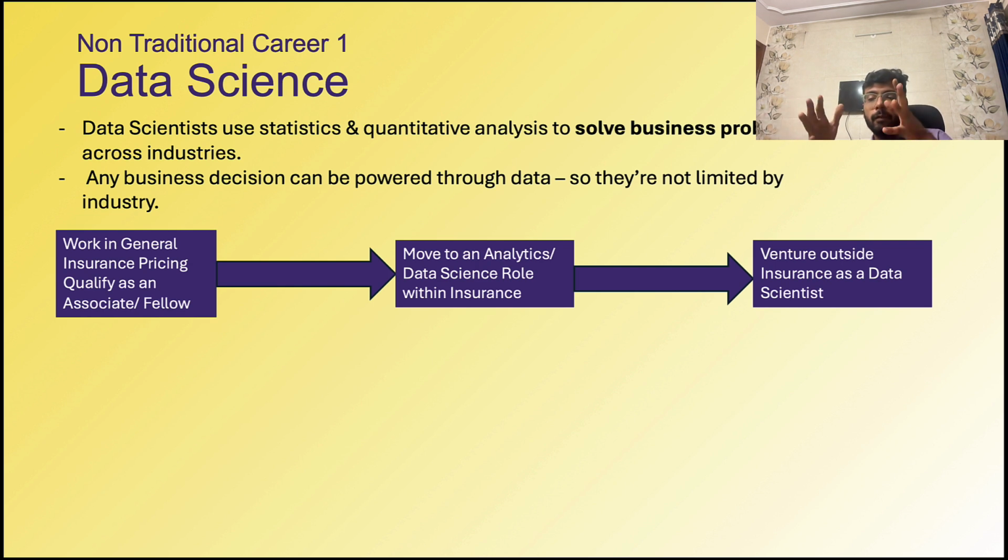Then within your company or within the insurance industry, you move towards an analytics or data science role. And then finally, once you've gotten that data science analytics experience within insurance, you venture outside insurance as a data scientist. So this is the path. First GI pricing, then analytics data science within insurance, then you move out.